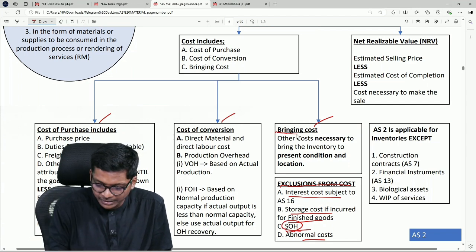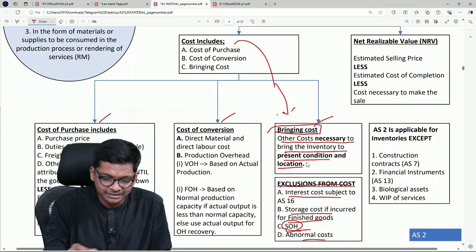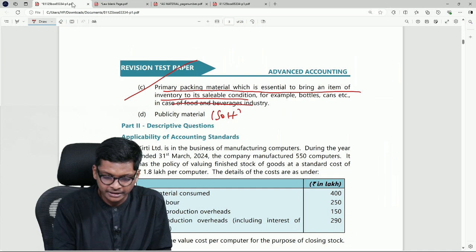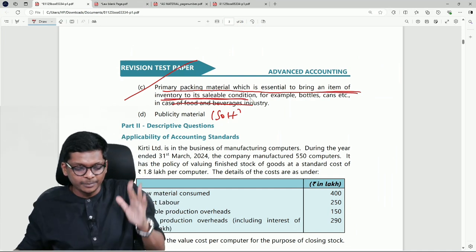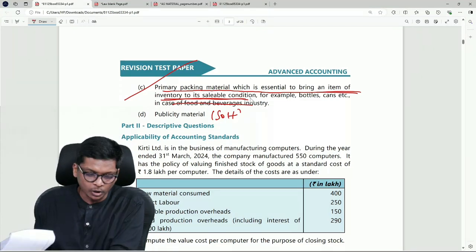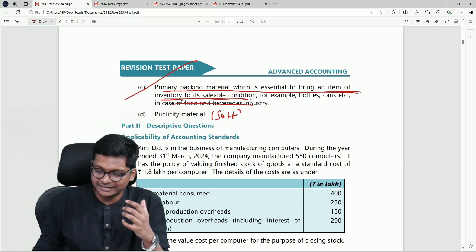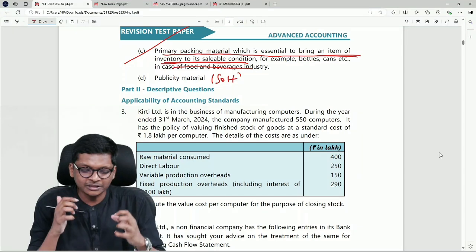Bringing cost includes other costs necessary to bring the inventory to present condition and location. Primary packaging is essential to bring an item to its saleable condition. Therefore the answer is C. Are you following, guys? Answer is always there in the material. You just have to remember the concept and go for it.